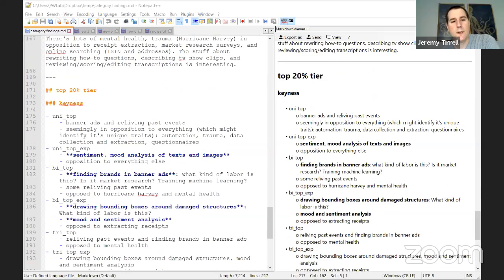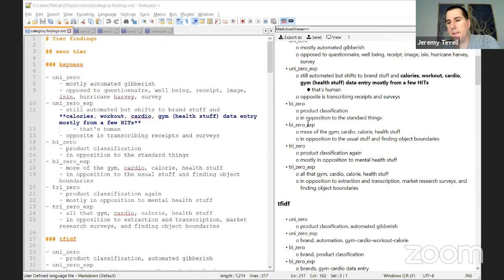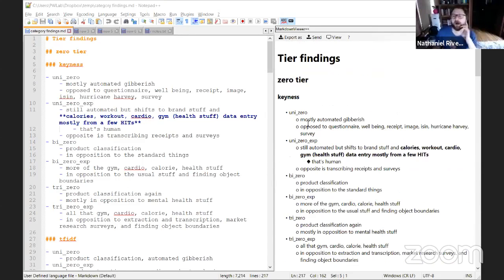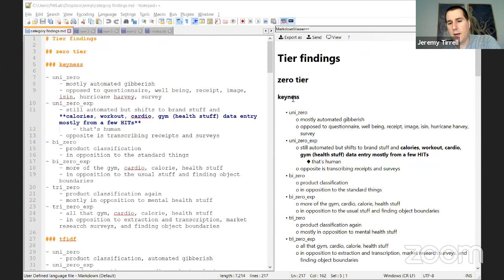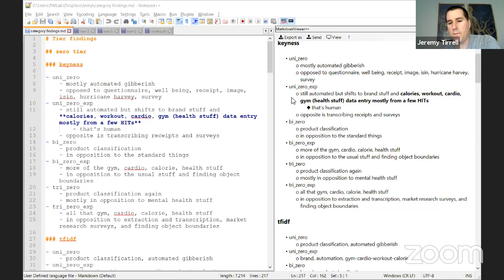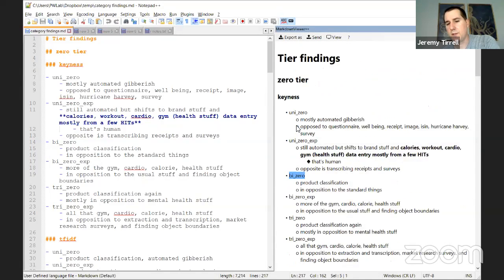So do you remember this from our last episode? Yeah, I went through the findings about what's in the tiers, basically. So they're broken into the tiers, and then it goes into frequency and TF-IDF, both, or I should say all: unigrams, expanded or unexpanded, bigrams, and so on.